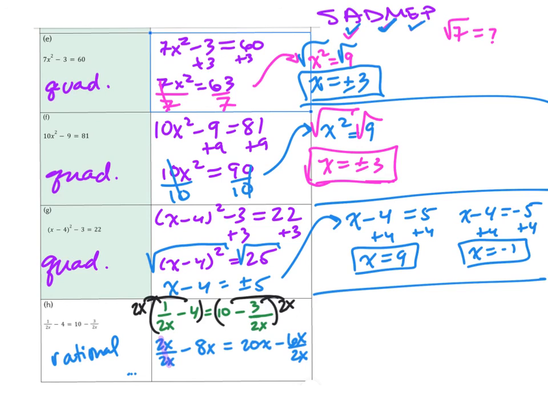So that's going to be the number 1. And then 6x divided by 2x is the number 3. So it's like these are canceling. But you still need those other terms. So there should be an x on everything for this. Just a heads up. Okay, so I have 1 minus 8x set equal to 20x minus the number 3.